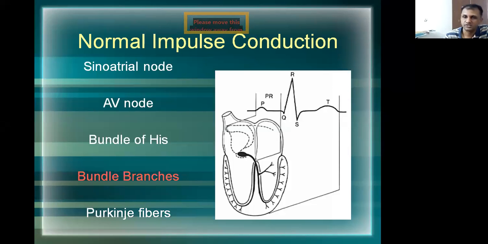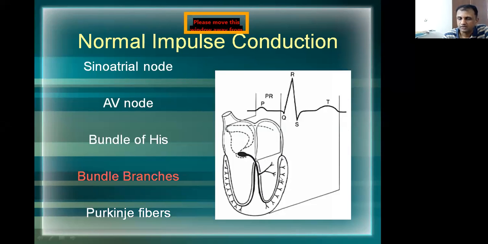If you look at this slide, that's your SA node, and this AV node is your atrioventricular junction. And from here, you could see the two branches, right and left. That's called the right bundle and left bundle.